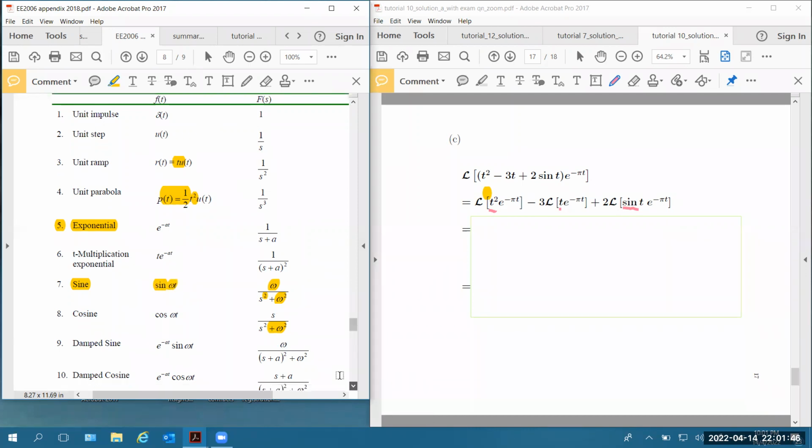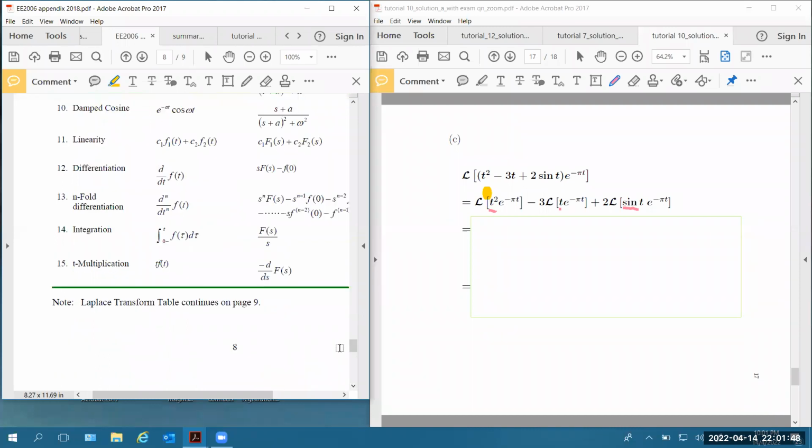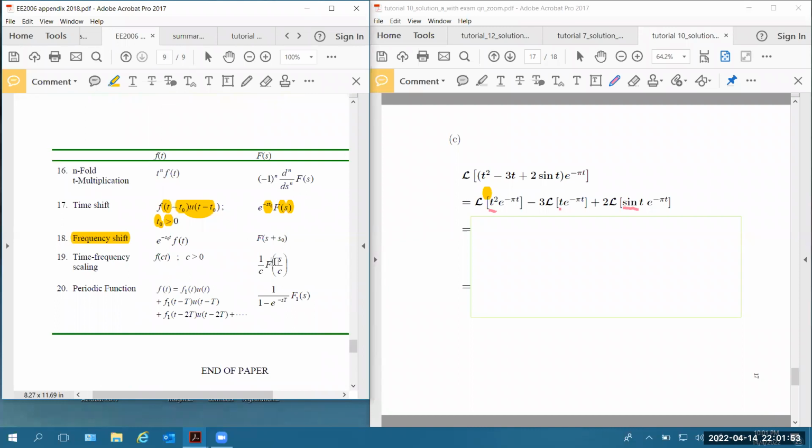And this frequency shift is saying that the answer is F(s plus s0). Now the s0 in all these cases, can you tell me what is the s0? Class, tell me. Pi. Yep, it's pi.